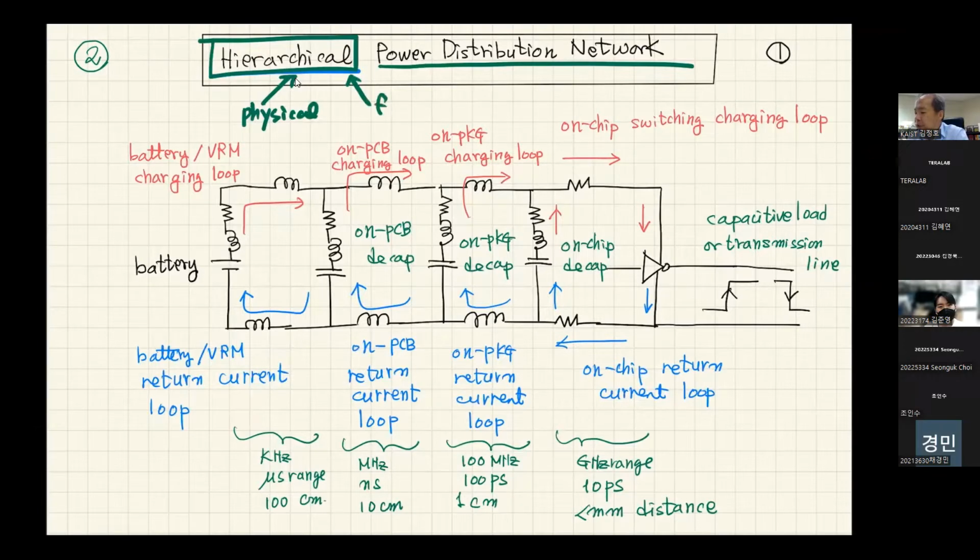Also, the frequency of your PDN structure should be hierarchical. So I would like to ask you to remember this hierarchical concept very cleverly in your mind. Let me talk about that approach from now on.